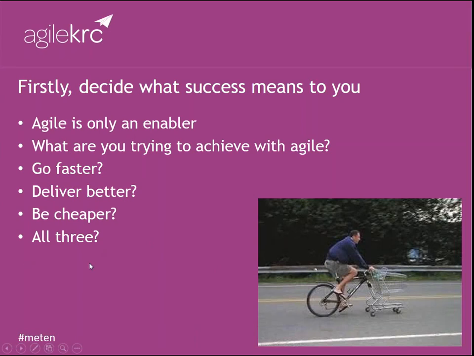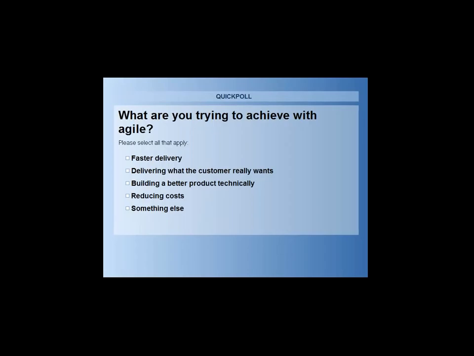Right, now what we're going to do is run a poll, and I'm just going to put my heart in my mouth, because with all the new software going on here, we're going to run a poll, and I want to know from everyone on the webinar what exactly you're trying to achieve with your Agile. So if you have a look at the poll, you can pick as many of those as you want. And one of the things people like about these polls is they can look at what everybody else is saying.